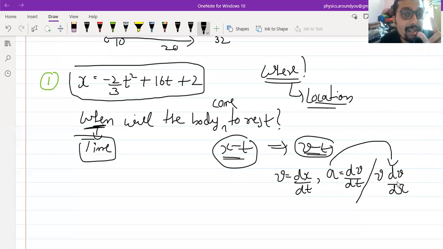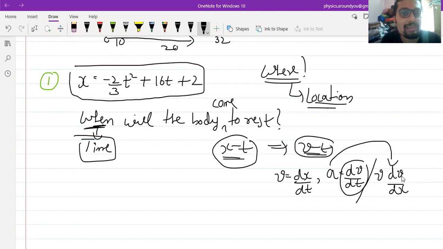Apeksha, can you run me through this one? Multiply and divide by dx, and then we take dv by dt, or dx by dt, as v, then we get v dv by dx. Cool.